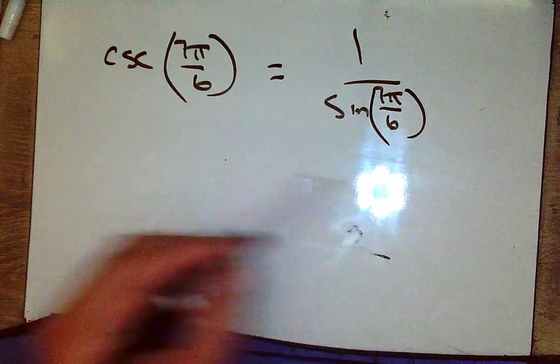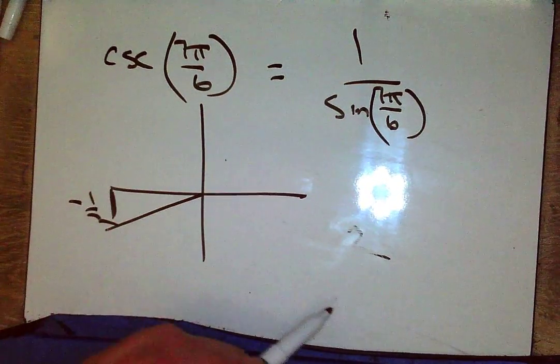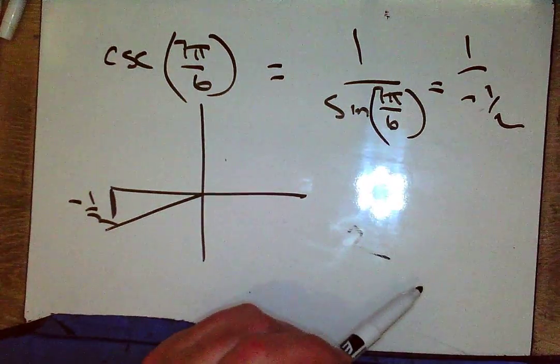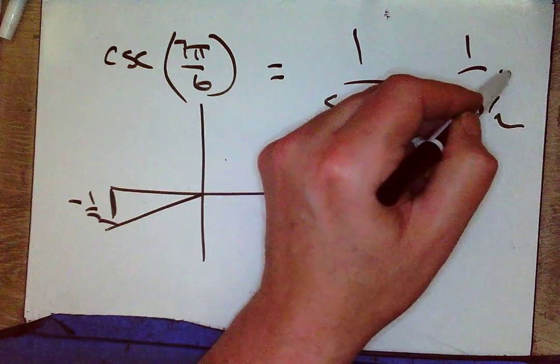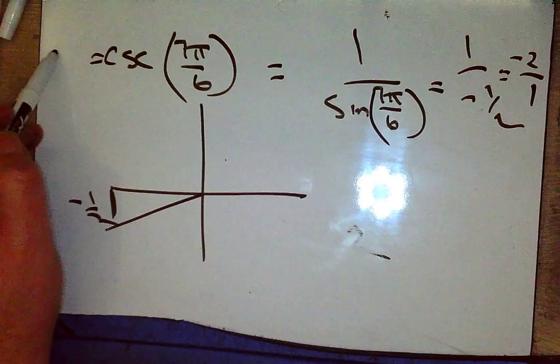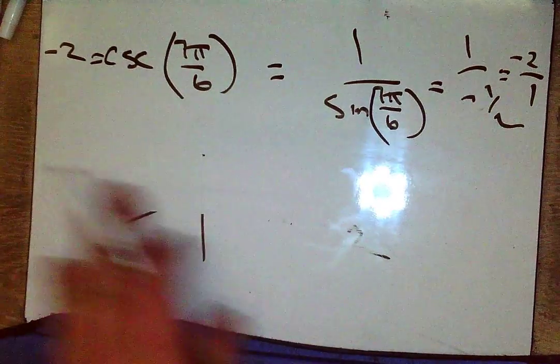And the sine of 7 pi over 6, that's this y value, negative 1 half. 1 over negative 1 half. So when I flip and multiply, I end up with negative 2 over 1. So this cosecant of 7 pi over 6 is negative 2. Okay.